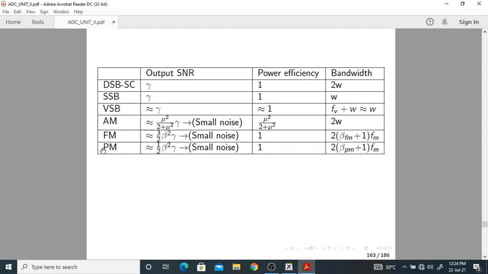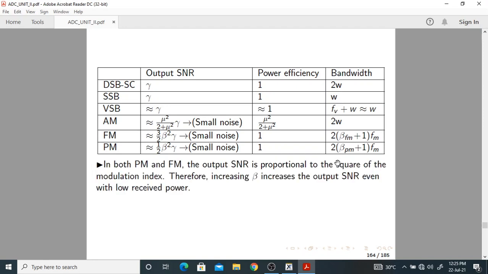Please remember, for FM and PM, these are valid for single tone modulation. What is power efficiency? Approximately 1 for VSB. For AM it is mu square by 2 plus mu square. What is the bandwidth? 2W, W, 2W, and 2 into beta plus 1 for FM.